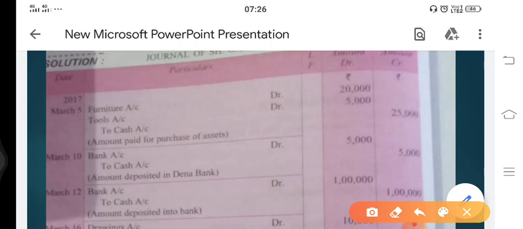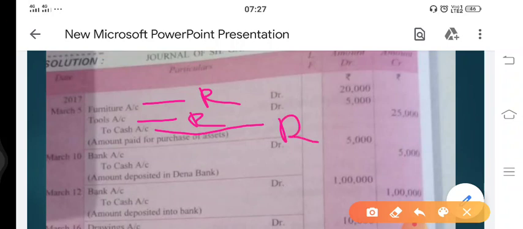Since furniture and tools are both real, real coming into the business has to be debited. At the same time, since we have purchased assets, cash is going out from the business, so that is again real, but real going out.